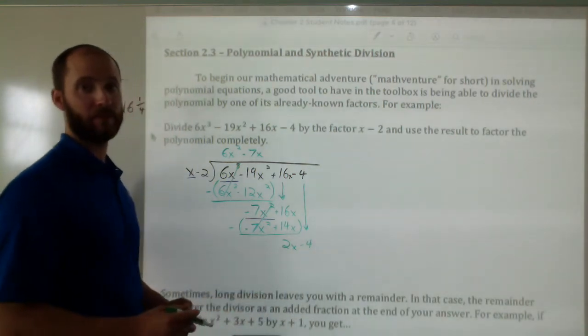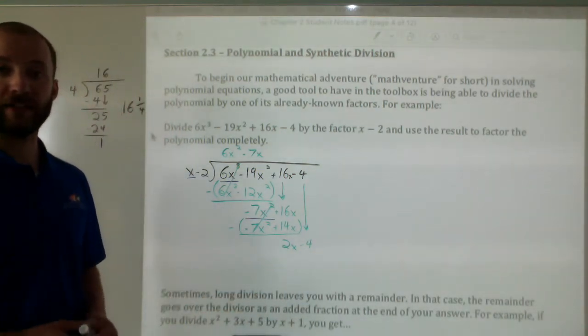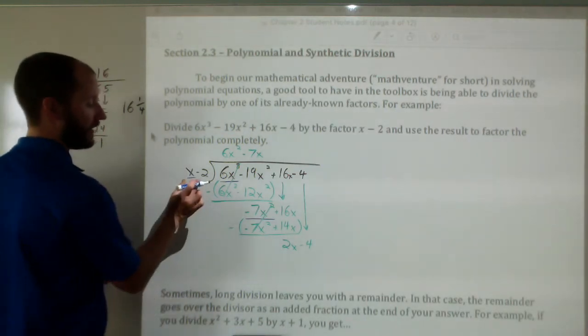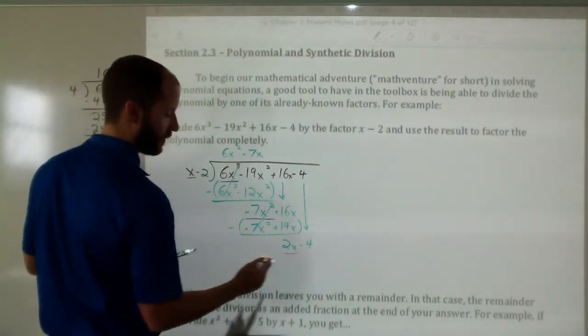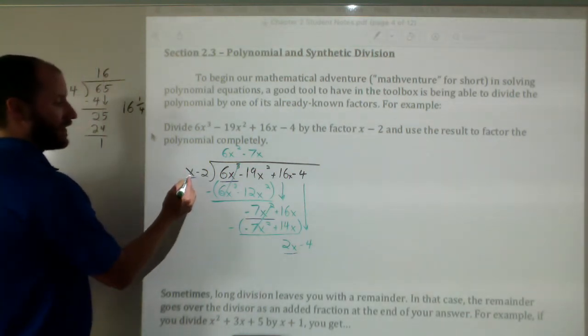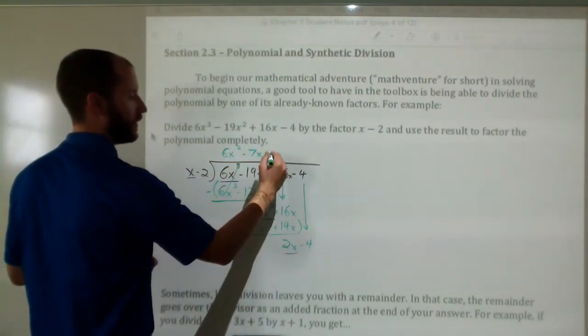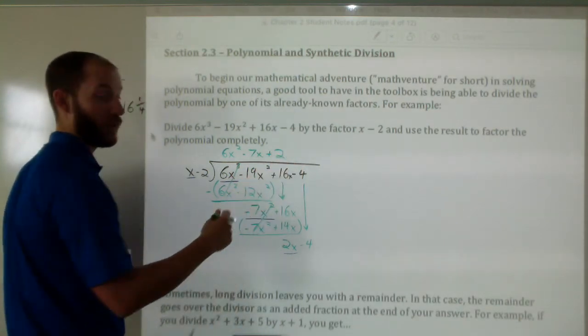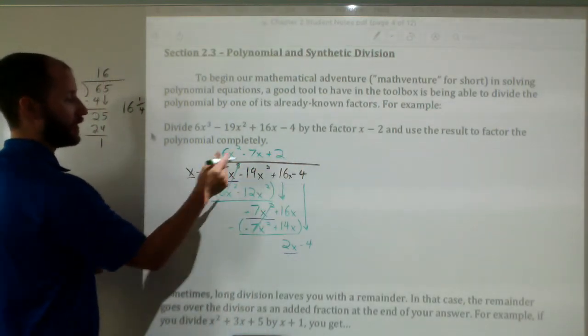Drop down the next term, and now you repeat the process all over again. Your leading term outside, your new leading term on the inside. So x times what would give you 2x? That'd be 2. So now multiply, but because it's a binomial, you have to distribute.